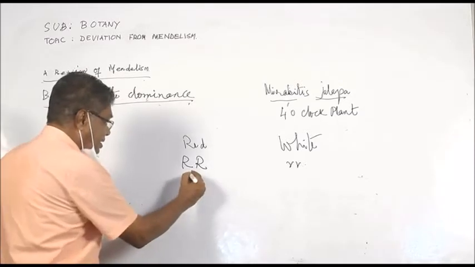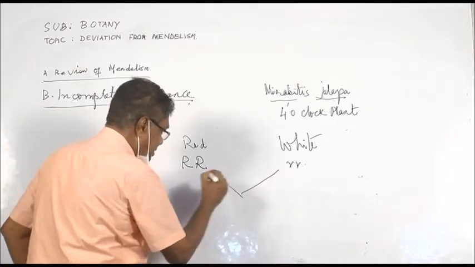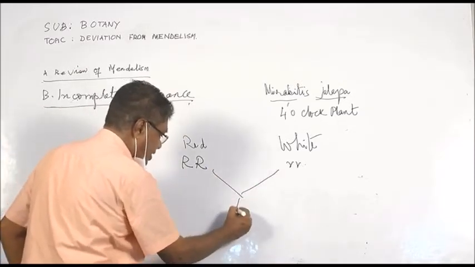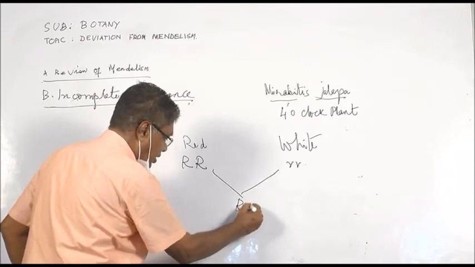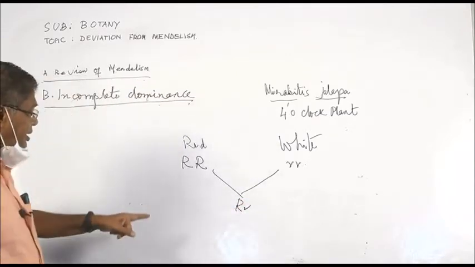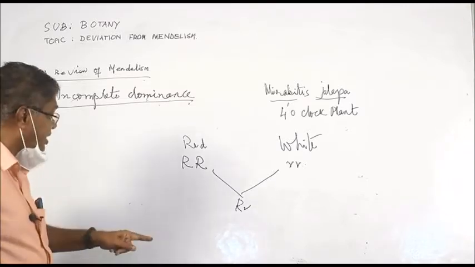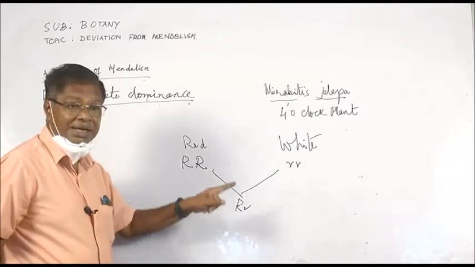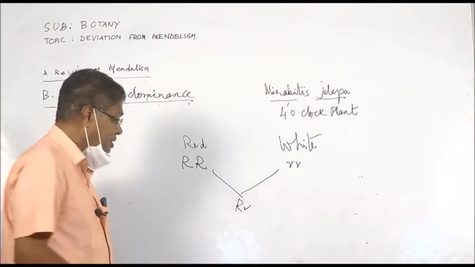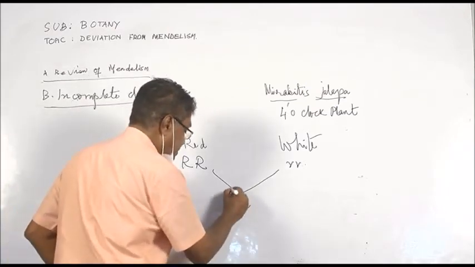The combination should give us capital R, small r. Normally, according to the principle of dominance, we expect this to be red, but this becomes pink.